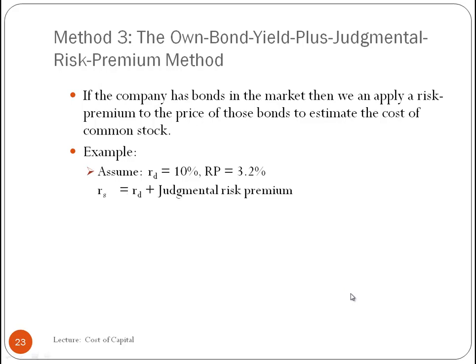So that's just a judgment. We have to rely on our expertise or somebody else's expertise to come up with that number. And from that, we can calculate the price of the stock. So the required return of the stock is going to be the required return of the debt plus this risk premium, which is 10 plus 3.2, which equals 13.2.